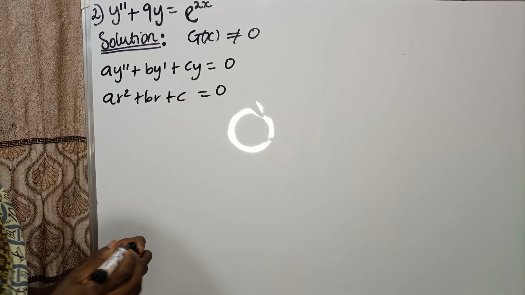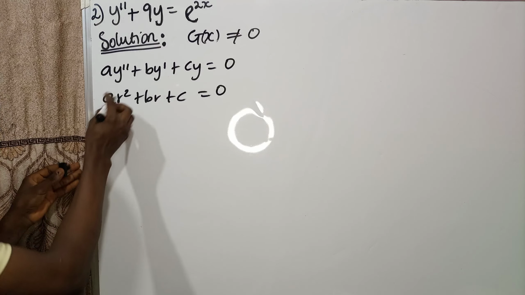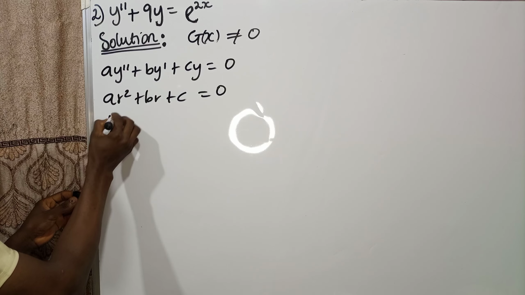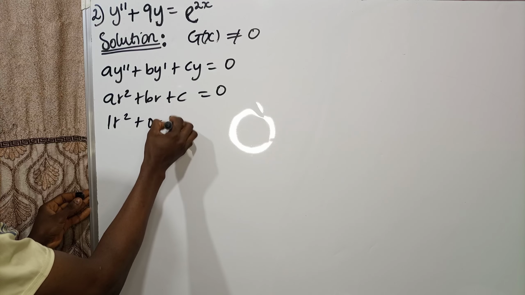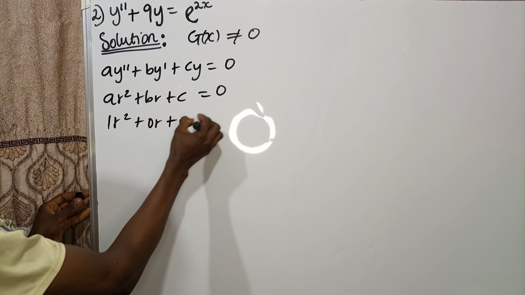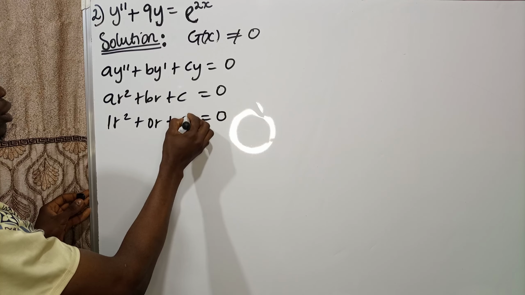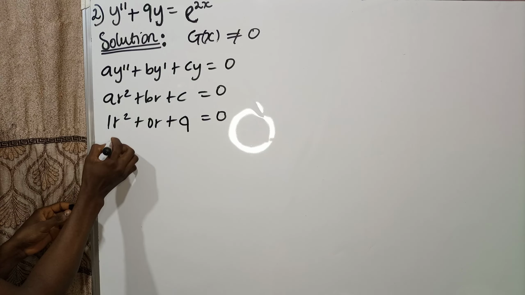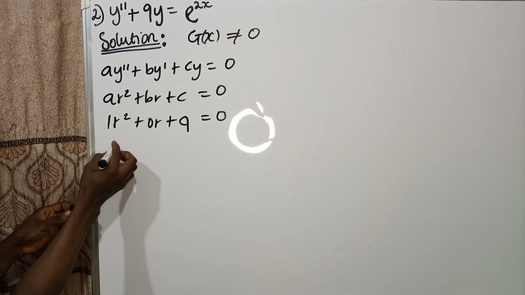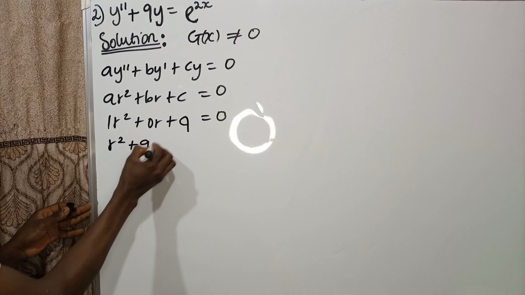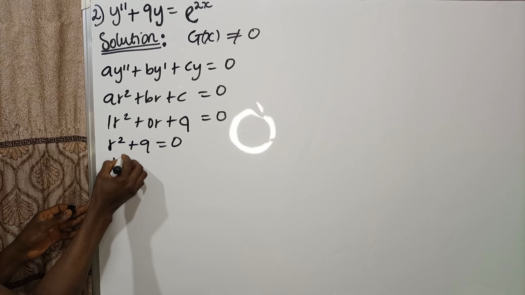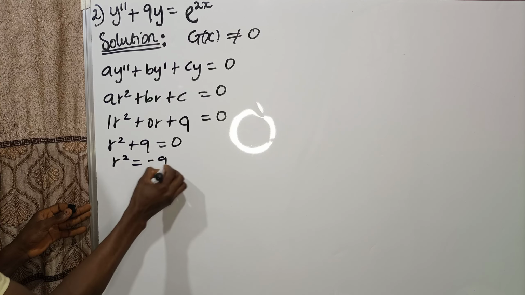This is our auxiliary equation. The coefficient of r² is 1, br we don't have so we have 0r, and c is 9. So we have r² + 9 = 0, so r² = -9.